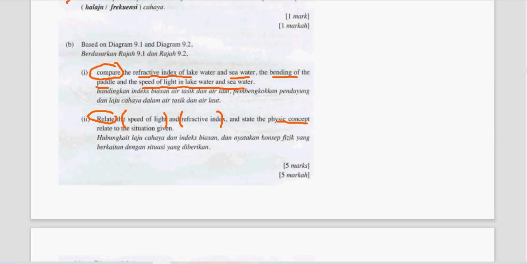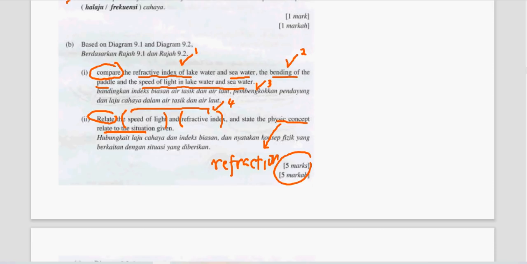Then state physics concept related to the situation given. So this one, of course, it is refraction. Spelling, make sure it is correct. Now, so this is a 5 marks question. So means that here, comparing the refractive index is mark 1. Then the bending of pedal, this is mark 2, and then the speed of light is mark 3, and then relate these two. So this is mark number 4, and then the phenomena is mark number 5.